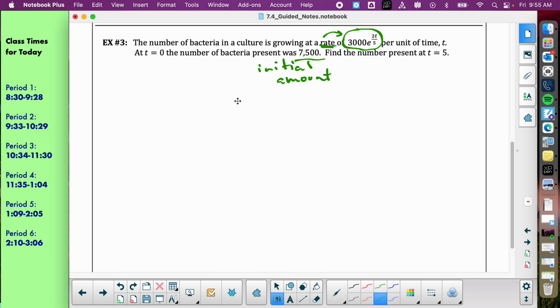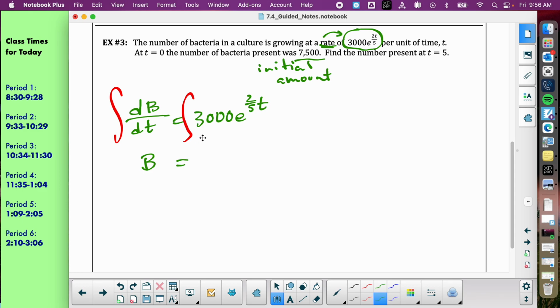Here's what I don't like about this problem. If I write derivative of bacteria compared to time, if I write this out and I decide to integrate it to find the general solution, because you'll notice it didn't specifically say the rate of change of y is proportional to y. If I integrate this, I will find out that b equals 7,500 e to the 2/5 t.